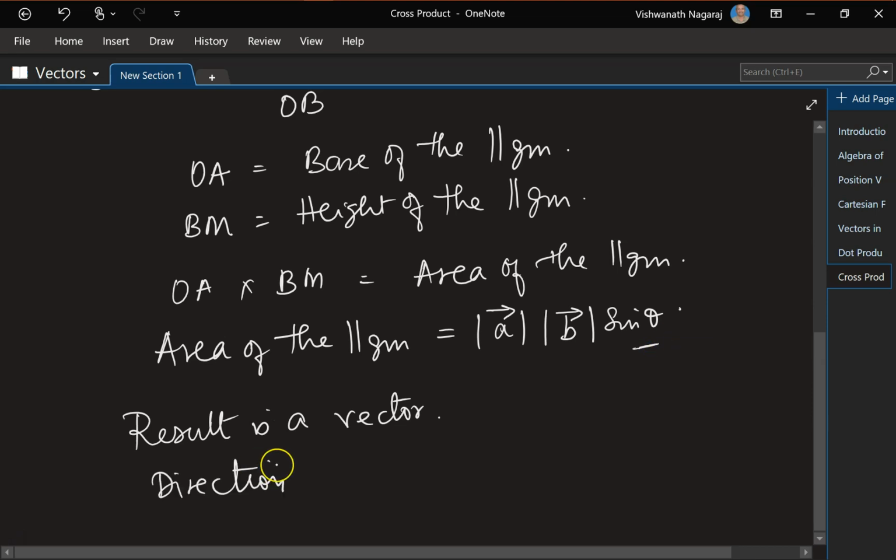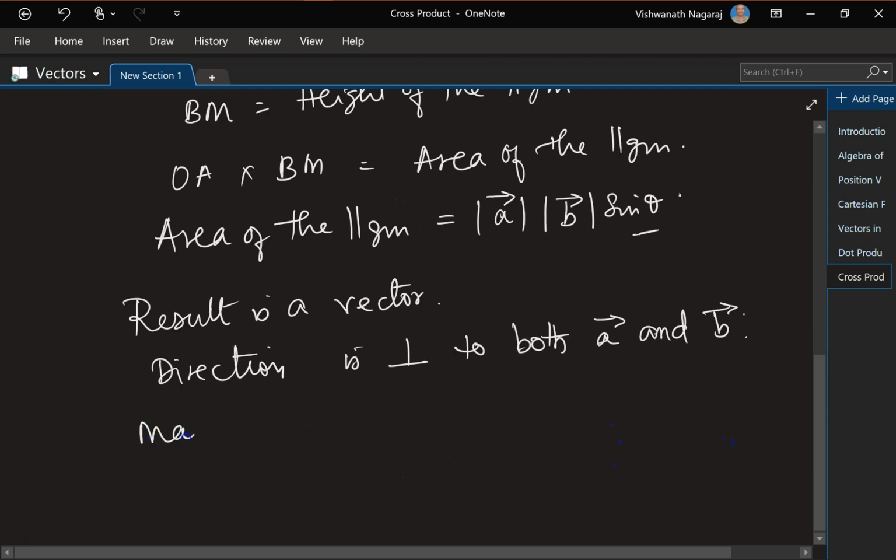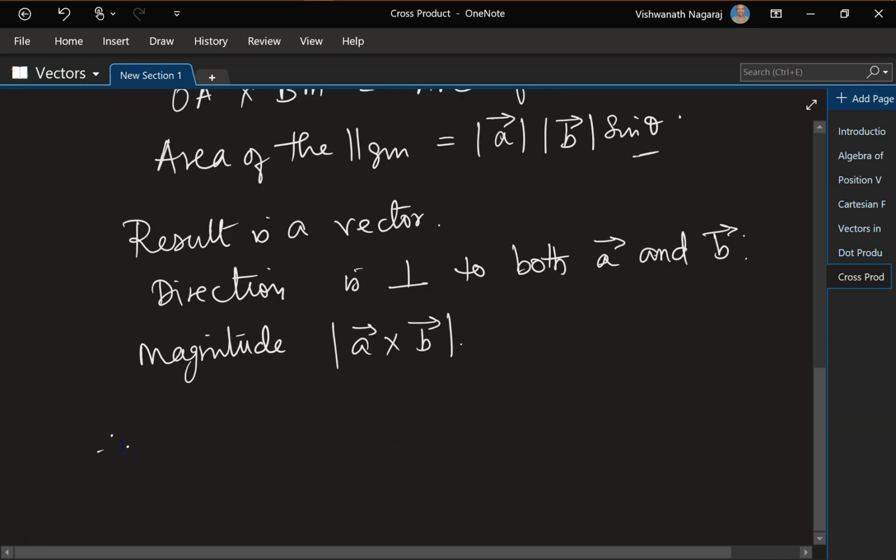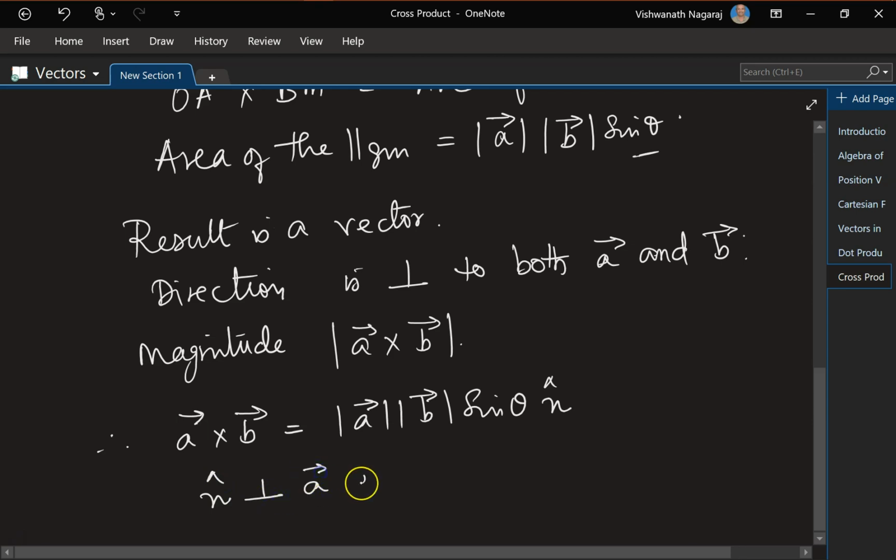The direction, one thing is clear, it can't just be in the direction of A, it can't be in the direction of B. Direction is perpendicular to both A and B. Magnitude would be the magnitude of A cross B. Therefore, now we know that A cross B is equal to magnitude of A, magnitude of B, sine theta in the direction of the normal to both the vectors. So n cap is perpendicular to A and B.